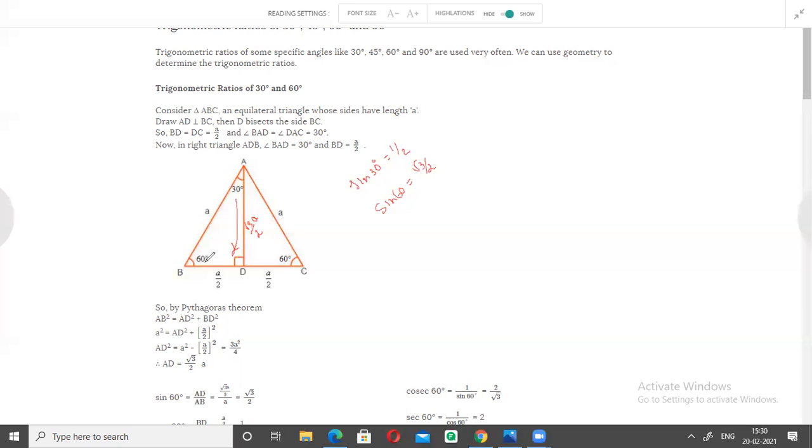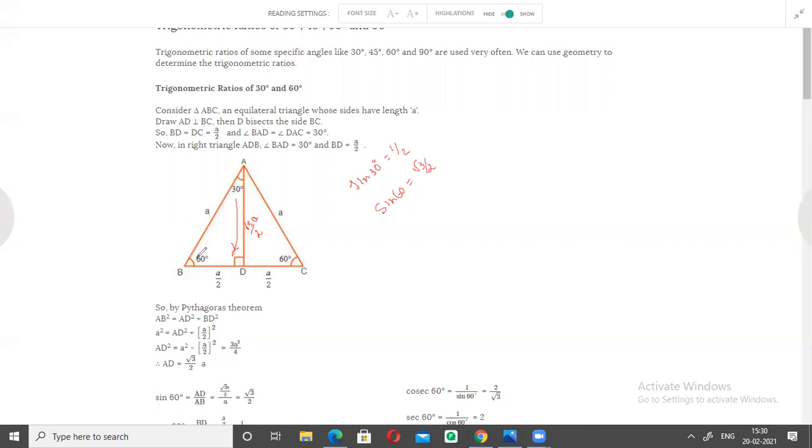Similarly, we will be able to write the values for cos and tan. Cos 60 degree is adjacent divided by hypotenuse, that is A by 2 divided by A, which is 1 by 2. Then cos 30 degree is root 3 by 2 A divided by A, which is root 3 by 2. And tan ratio will be sine divided by cos.